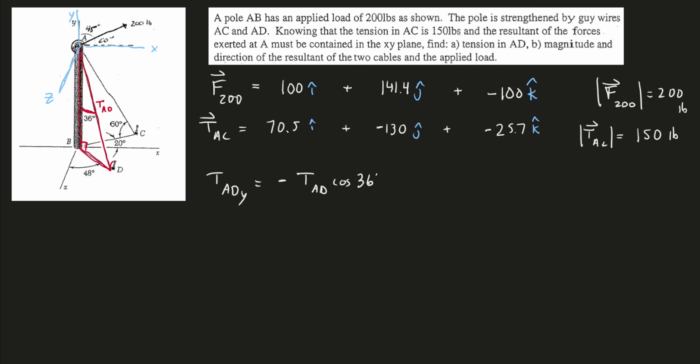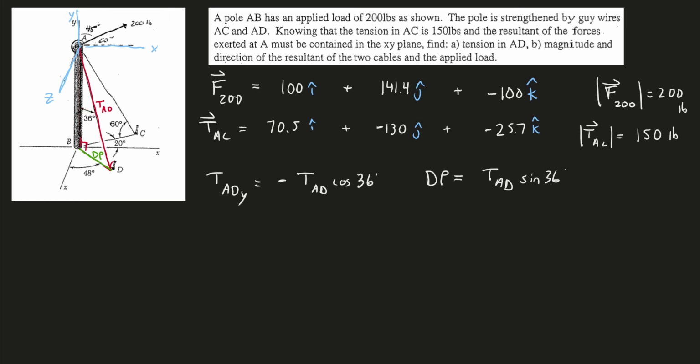Next, we'll go for the double projection line, this one in green. So the double projection will equal the hypotenuse, TAD, times the sine of 36. So now we're done with this vertical triangle that's standing up.